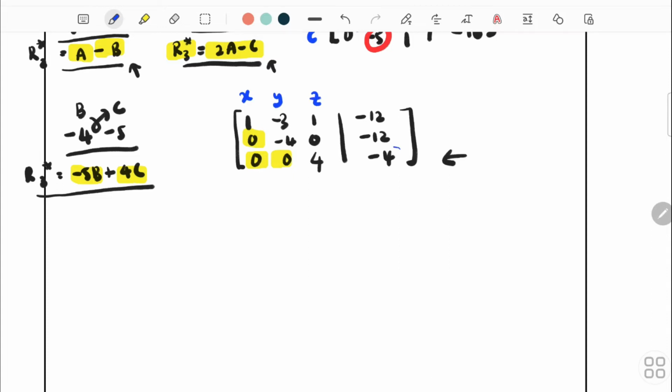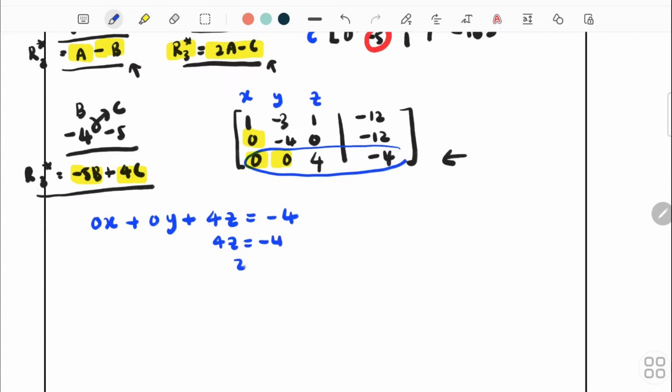So focusing on the last row first, 0 multiplied by x plus 0 multiplied by y plus 4 multiplied by z equals -4. So from here, 4z equals -4, then z equals -1. So we've found the value of z. Then you go up and focus on the second row.